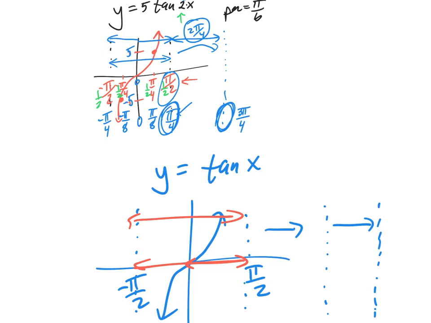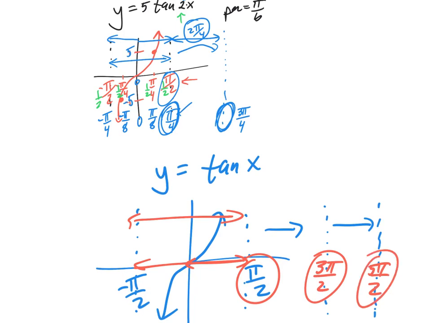But I'm going to say it's 2 pi over 2 because then it's easier to add pi over 2 plus 2 pi over 2 makes 3 pi over 2. And where would the next asymptote be? Another 2 pi over 2 gets added. And then I'm at 5 pi over 2. All right, so that's how you figure out where the asymptotes are by going over its period distance.